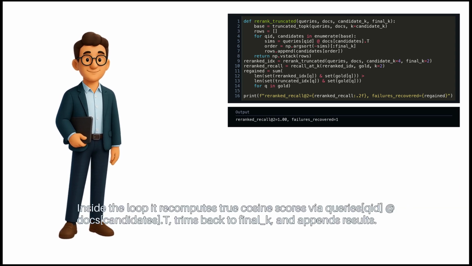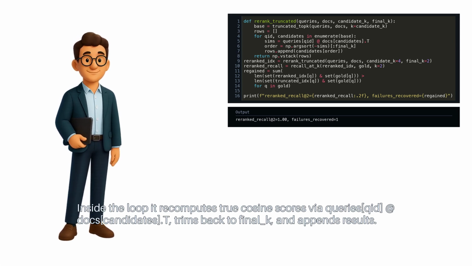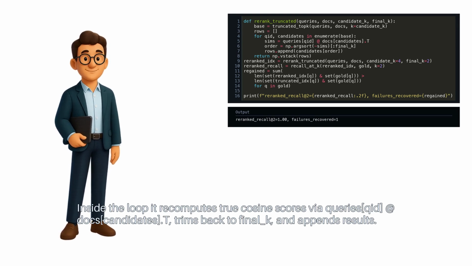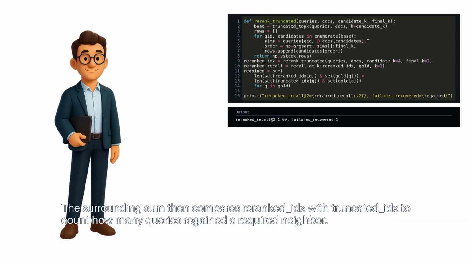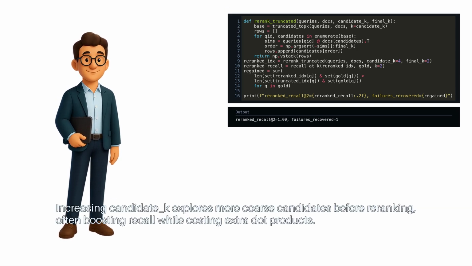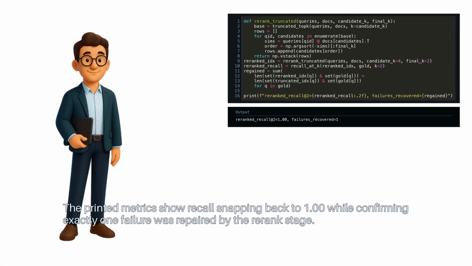Inside the loop, it recomputes true cosine scores via queries[i] @ docs[candidates].T, trims back to final k, and appends results. The surrounding sum then compares re-ranked idx with truncated idx to count how many queries regained a required neighbor. Increasing candidate k explores more coarse candidates before re-ranking, often boosting recall while costing extra dot products. The printed metrics show recall snapping back to 1.00, while confirming exactly one failure was repaired by the re-rank stage.